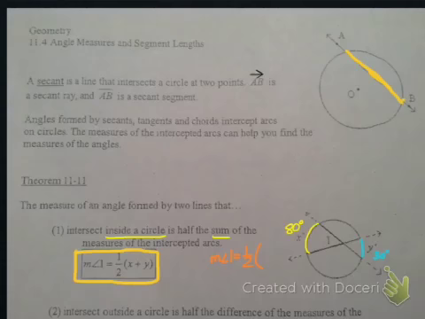Since we intersect inside the circle, we're going to take the sum. So 80 plus 30 is 110. So we want half of 110, which is 55. So the measure of angle 1 is 55 degrees.